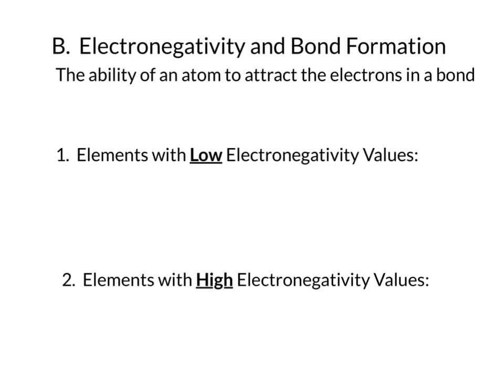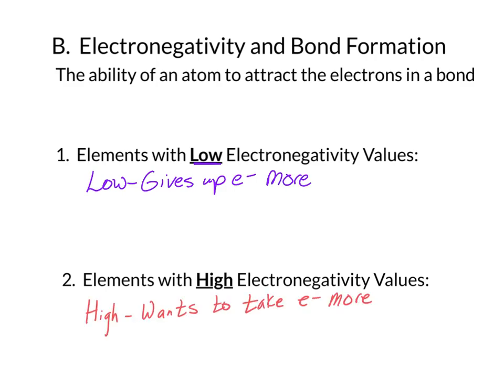What can we tell about the elements when we look at their electronegativity? Well, we know that elements with low electronegativity values are willing to give up their electrons more, and elements with high electronegativity values are more likely to take those electrons. We know that things with low electronegativity values, if they're willing to give away their electrons, are going to be more likely to have a positive charge because they're giving away that negative electron.